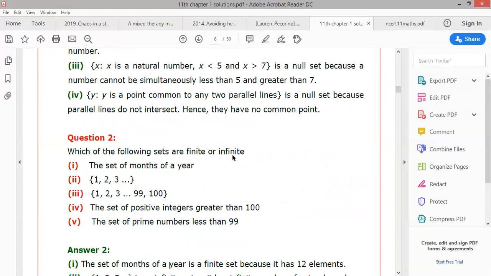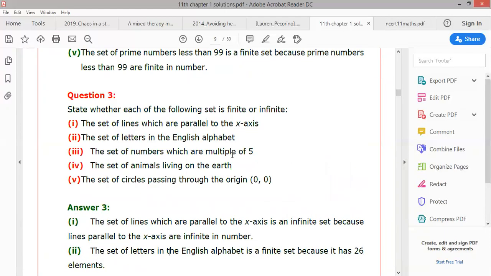Next is question number 3. In question number 3, we are asked, state whether each of the following sets is finite or infinite. To solve this question, we have part number first, the set of lines which are parallel to the x-axis.